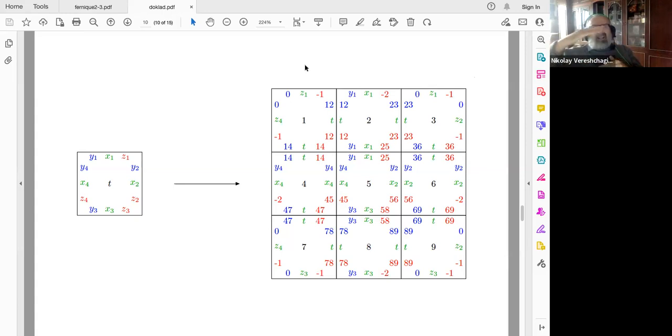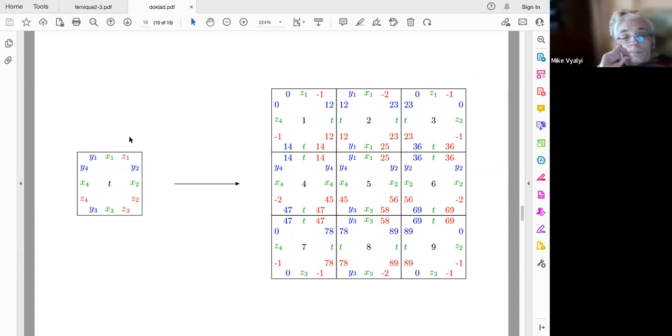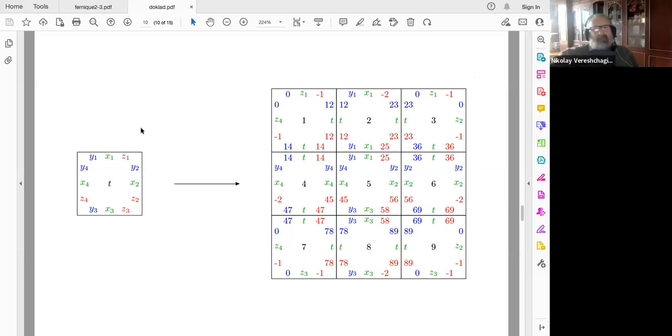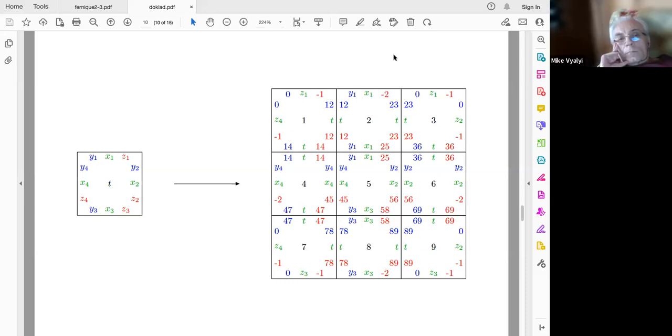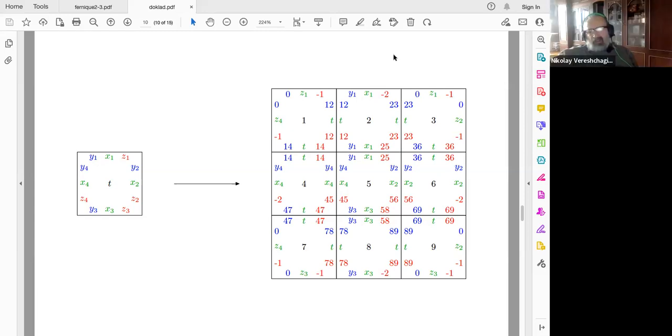And we know that Z1 matches Z1, X1 matches X1, Y1 matches Y1. And that means that in the initial tiling, the colors also match, all three indexes match. That's because we keep all three indexes in specific places. So if they match in the decomposition, then they match also in the original tiling.